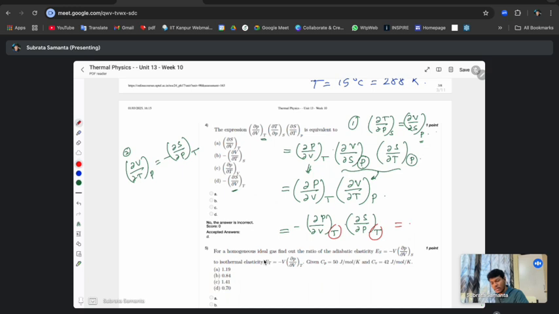This is basically minus del S del V, so del P cancels. So minus del S del V at constant temperature. Therefore which option is correct? Option D, del S del V at constant temperature. So option D is correct. Any doubts? Any questions?